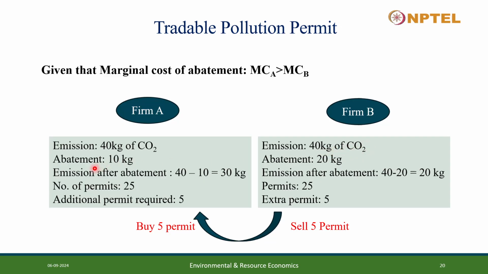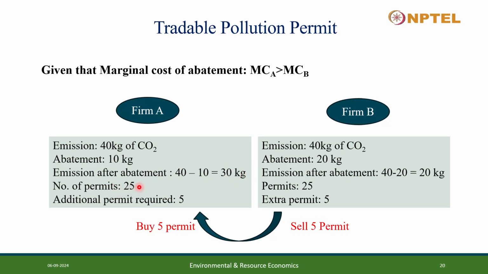Then the optimum level of abatement for firm A is 10 kg, and for firm B, the abatement will be 20 kg. If out of 40 kg the abatement being done is 10 kg, then the emission which firm A is doing is 30 kg.